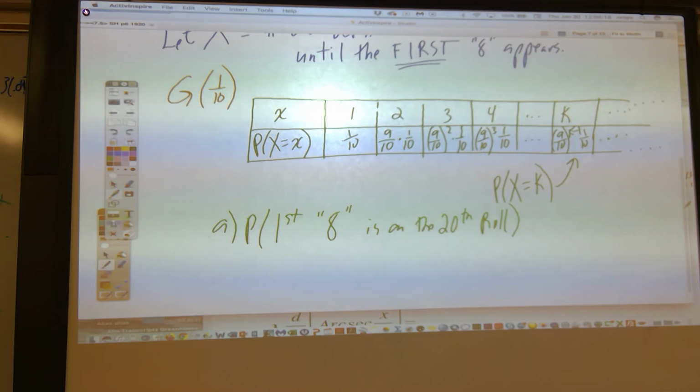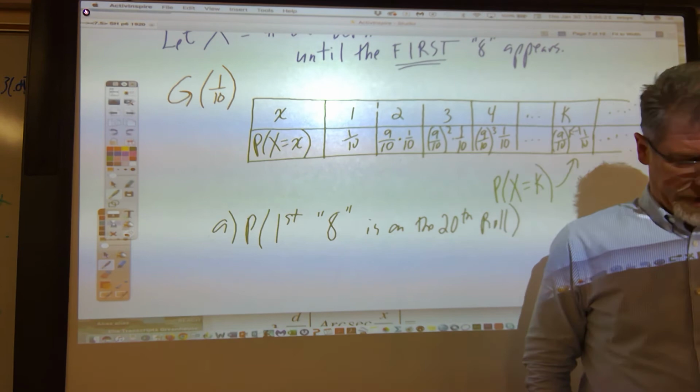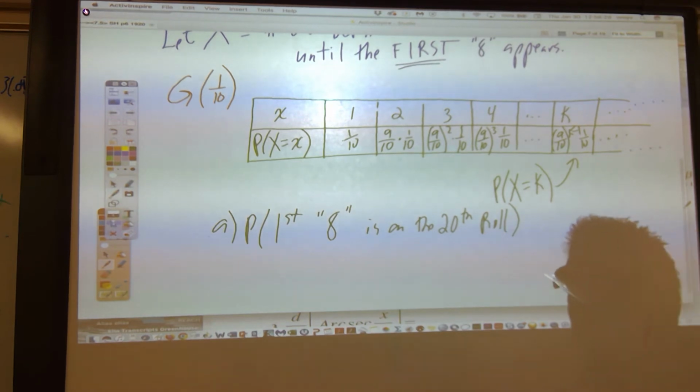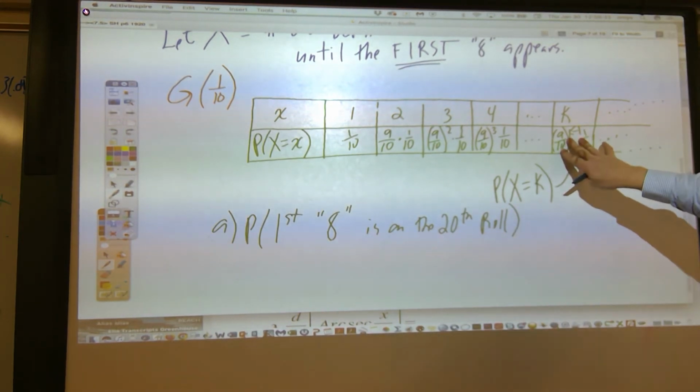I hope that you focused in on this formula.